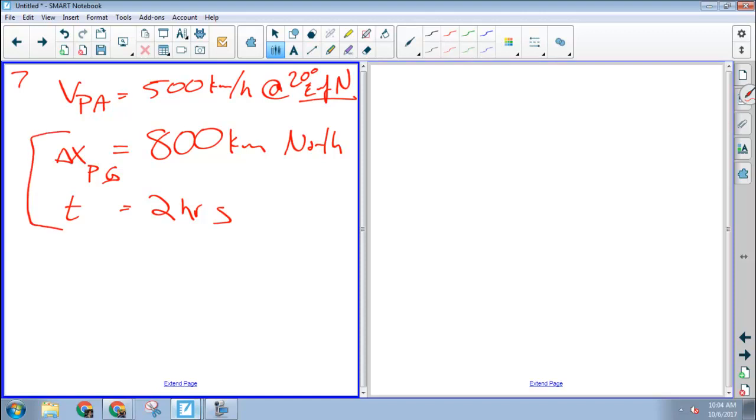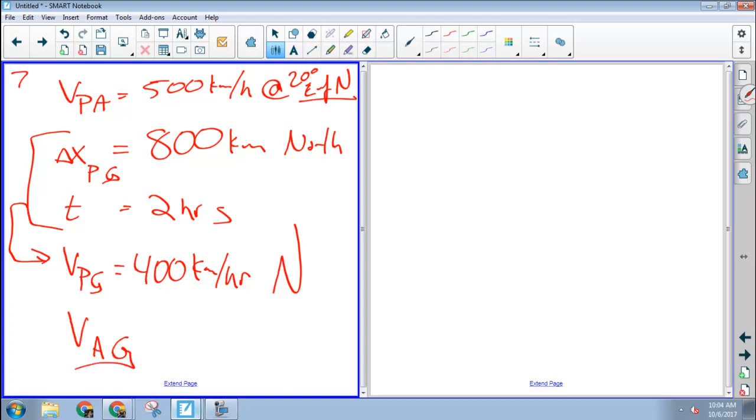So I can combine this information to find that the velocity of the plane relative to the ground is 800 over 2, so 400 kilometers an hour due north, right? Everybody good up to there? Okay. Finally, the question asks, what was the wind velocity relative to the ground? So we're looking for the velocity of the air relative to the ground.